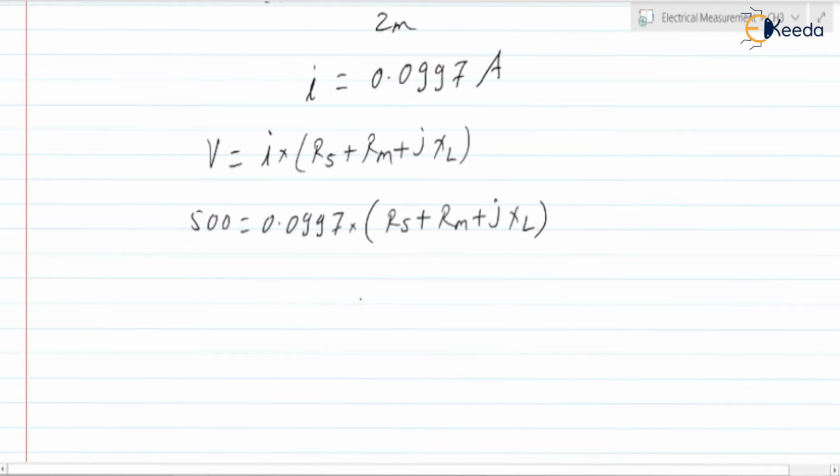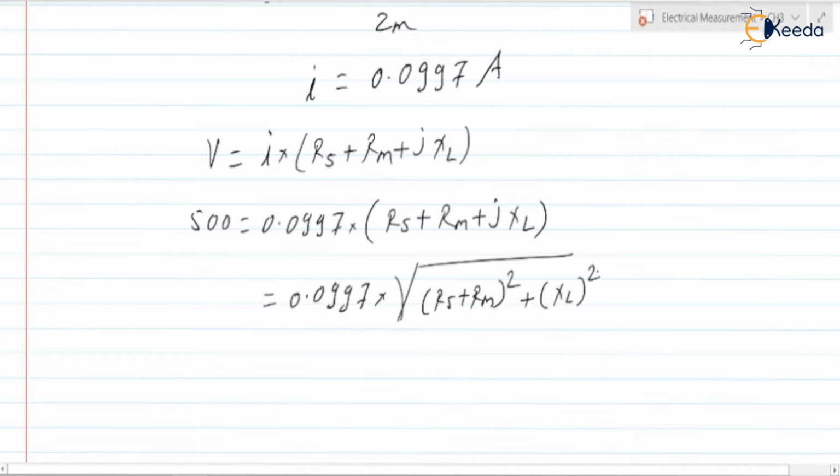Or 500 is equal to 0.0997 into RS plus RM plus jXL. Instead of writing it in rectangular form, I am considering only magnitude. So it is the square root of (RS plus RM) square plus XL square.